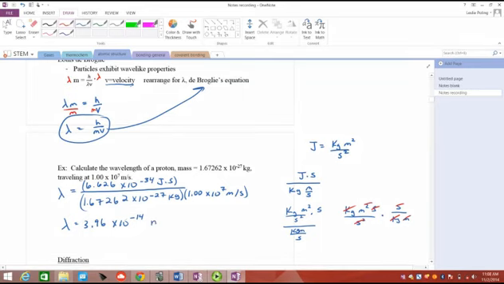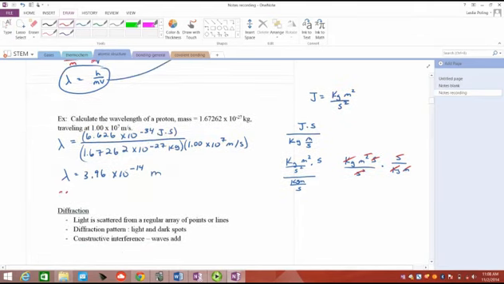So we are left with the unit of meters, which makes sense since we're solving for a wavelength. Now, we can do this same calculation for something large like a ball as well.